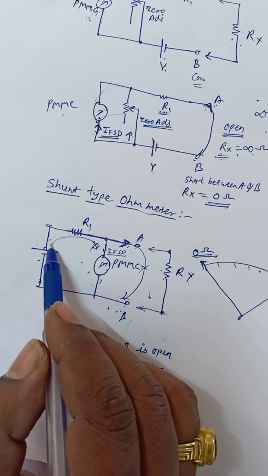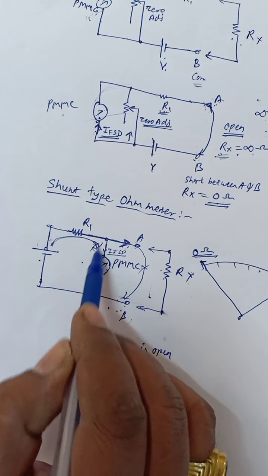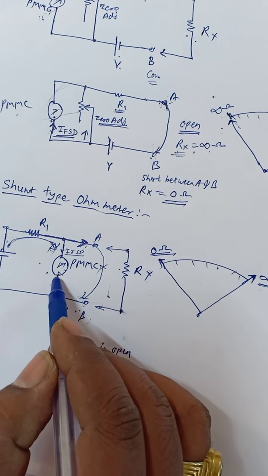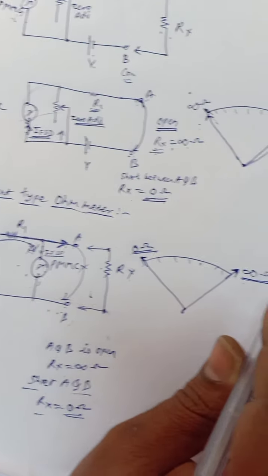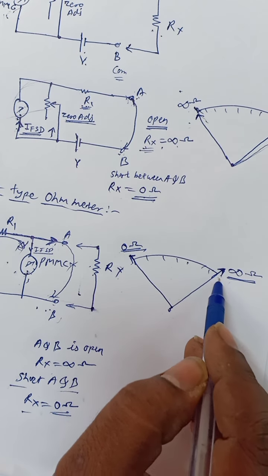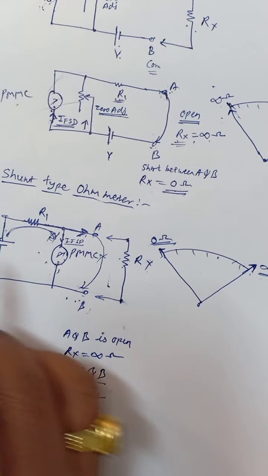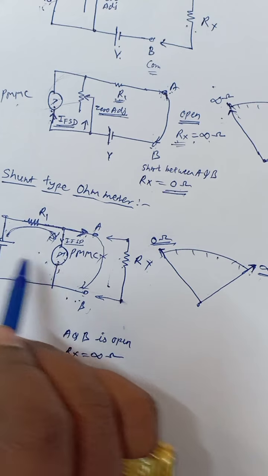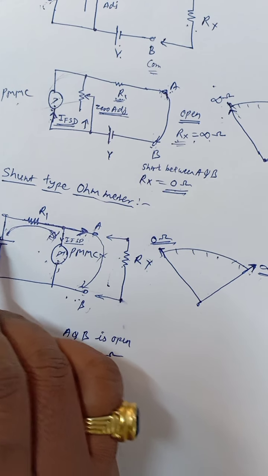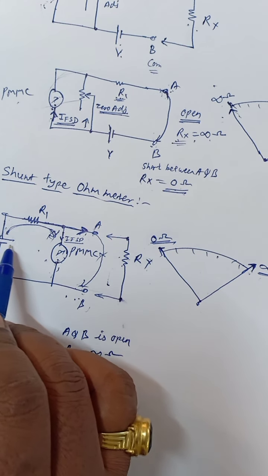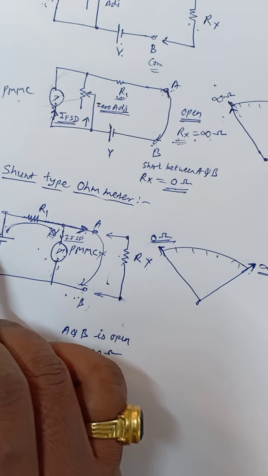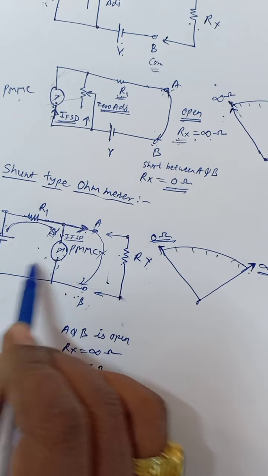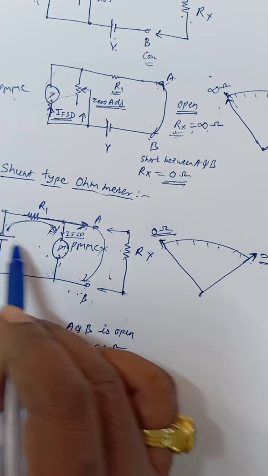In that case, the current flows through this meter continuously, the needle deflects and it shows infinite. So if this meter is not in use, current continuously flows through the meter and it will discharge the batteries. Whatever battery cells are used here, as it is not in use, the continuous current discharges the battery source.